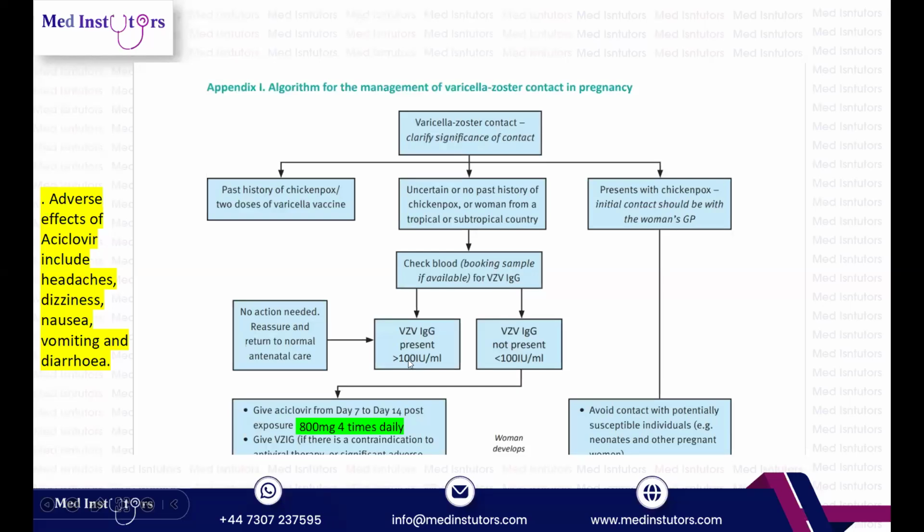If she is immune, greater than 100, just reassure and give routine care. No need to give any PAP. But if there is no immunity, less than 100, then start your PAP. And PAP is given only when she hasn't developed any clinical manifestation so far. Is that clear? All right, that's great.